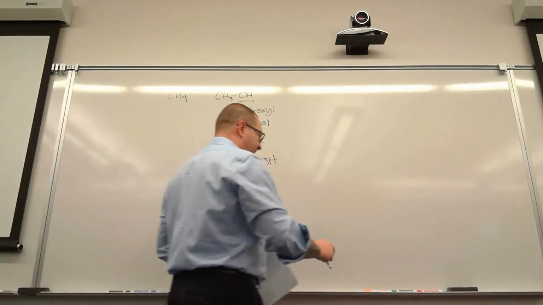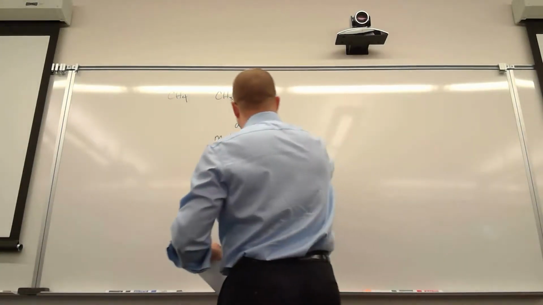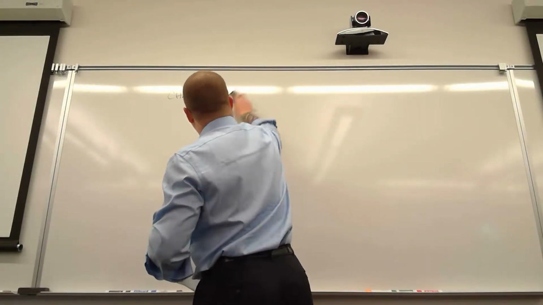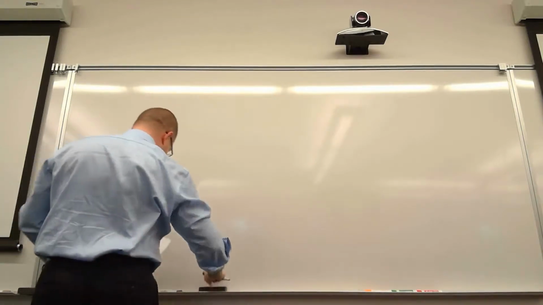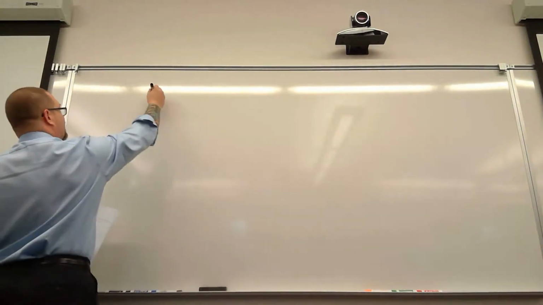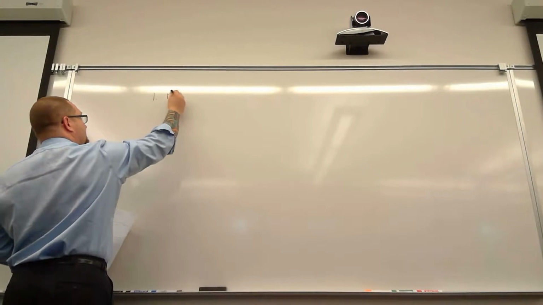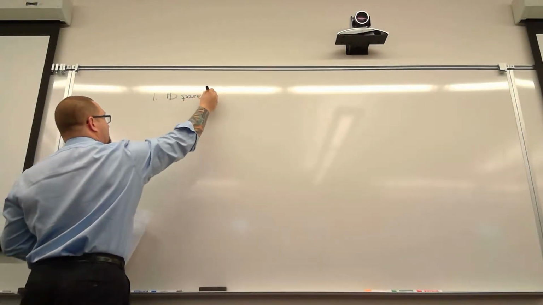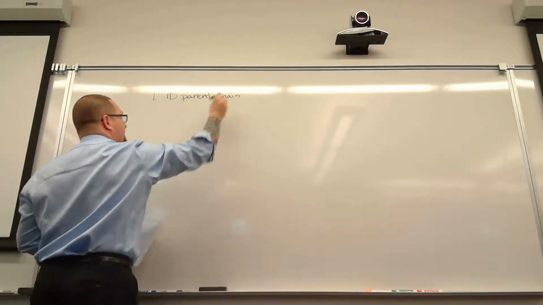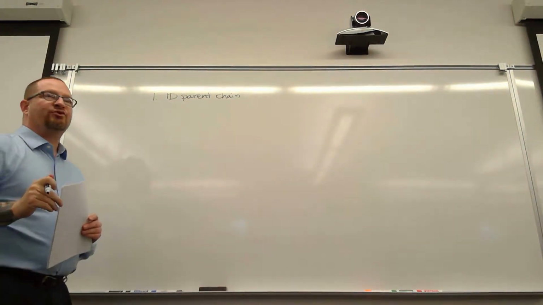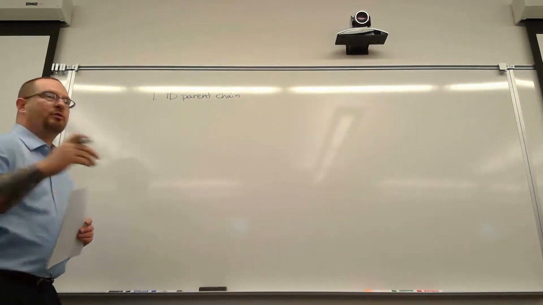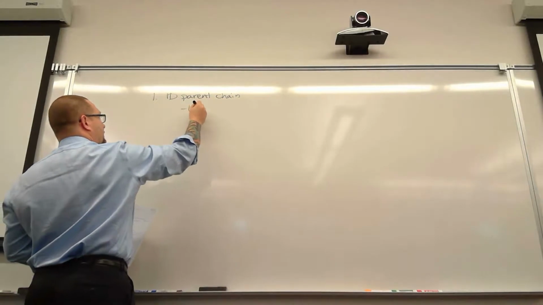So a lot of the process is identical in terms of the rules, so it should be very familiar to what we were doing last class. First thing you do is identify the parent chain, but in this case the parent chain is going to be the longest continuous chain which contains the functional group. So a little modifier.